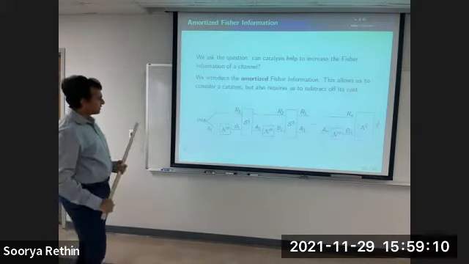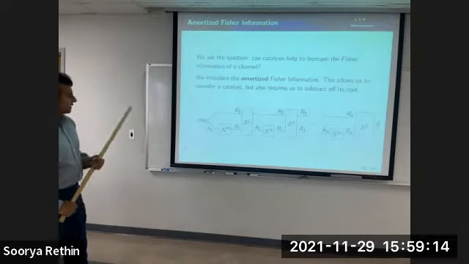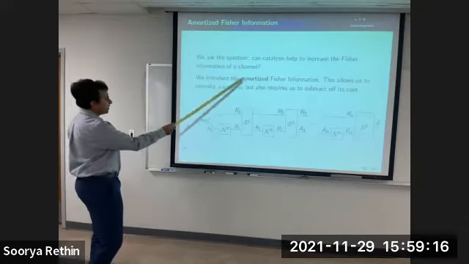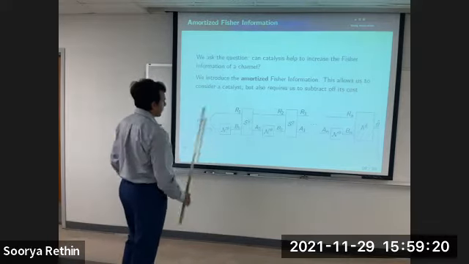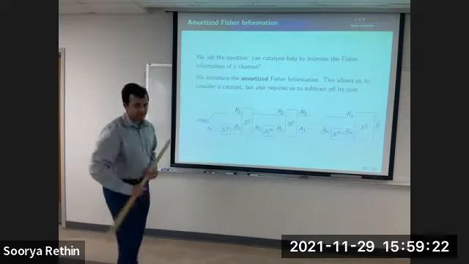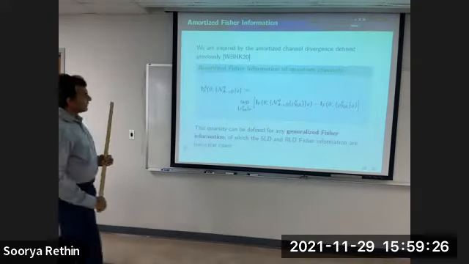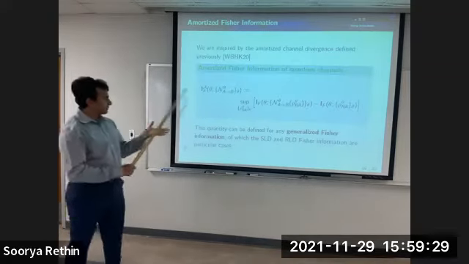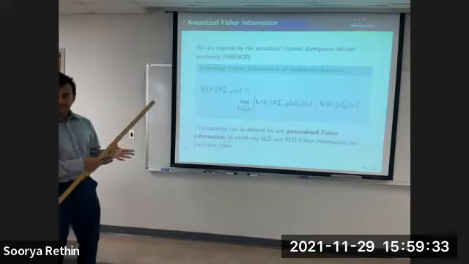I just repeated this figure to say that such a quantity is useful because you can consider that. Actually, I'll save that explanation for later. As I said, we define the amortized Fisher information because we're inspired by the amortized channel divergence.